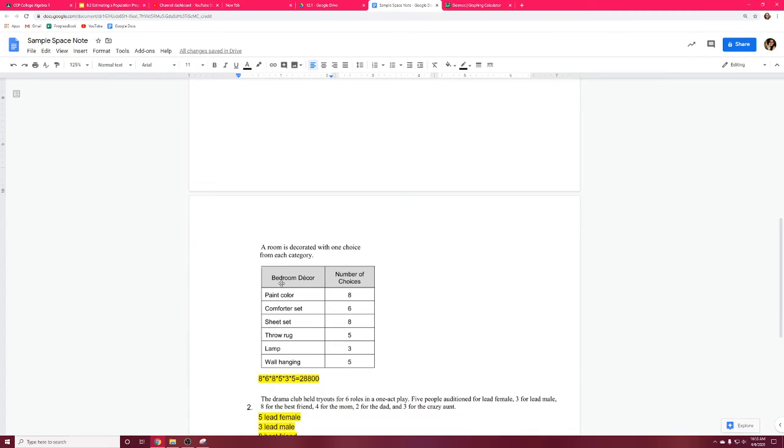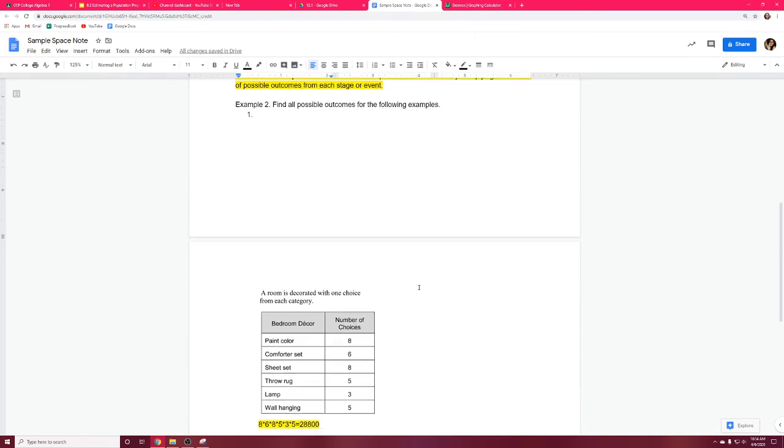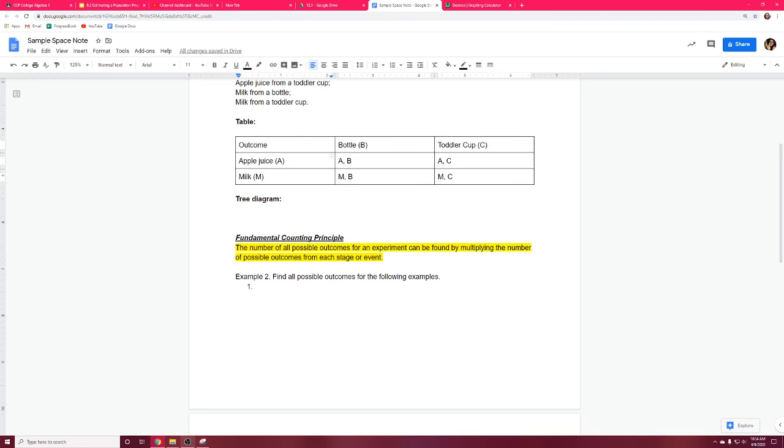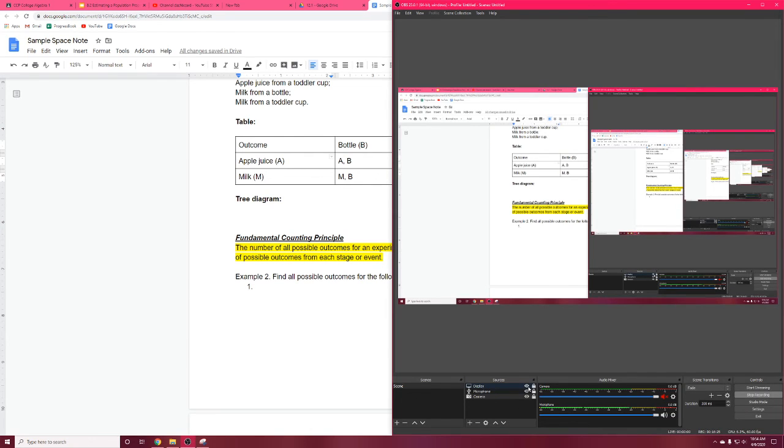For example, each outcome will have a pen color of red and a comfort set of this and a sheet set of that. The relationship between each event is "and."